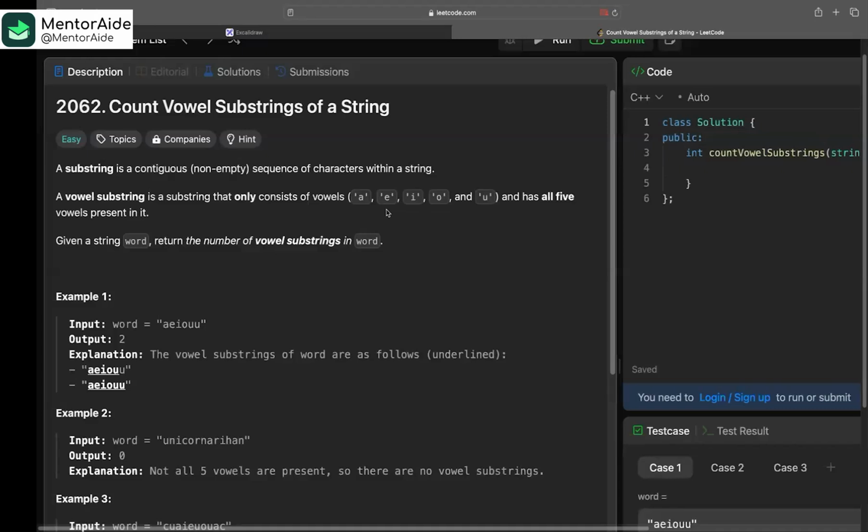And also how will you get to know that we have found all the vowels, and how are you going to search it?